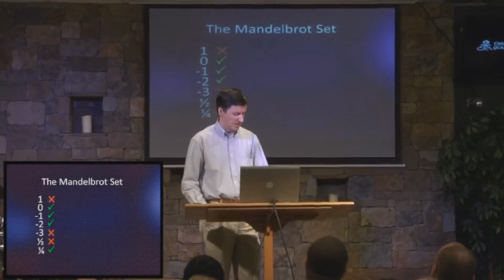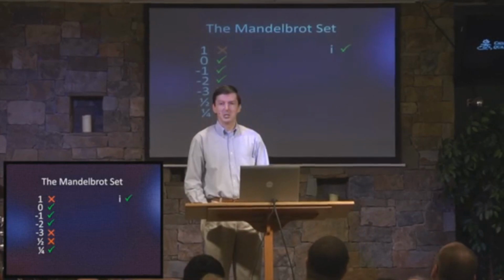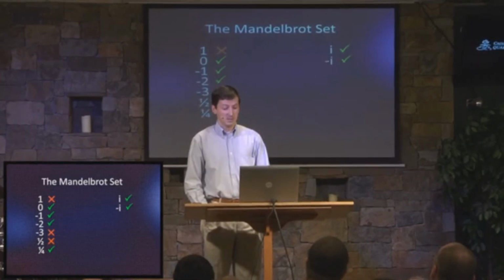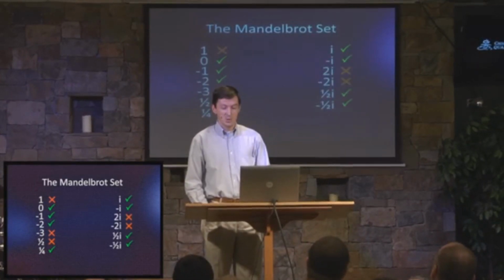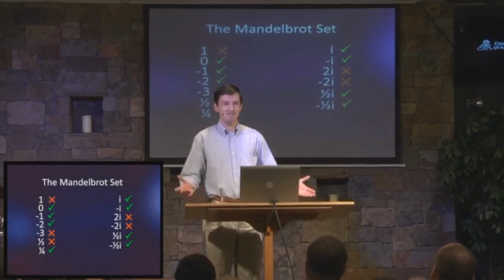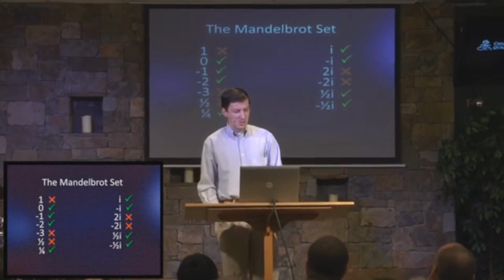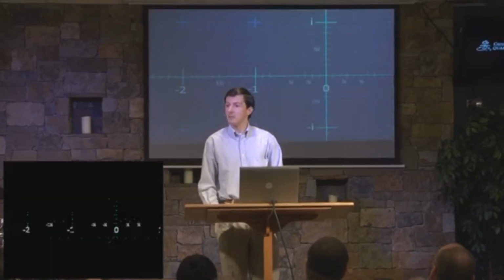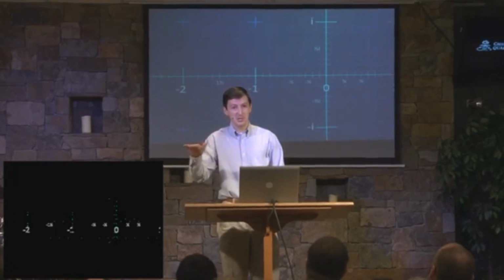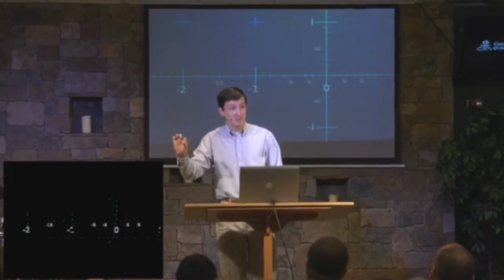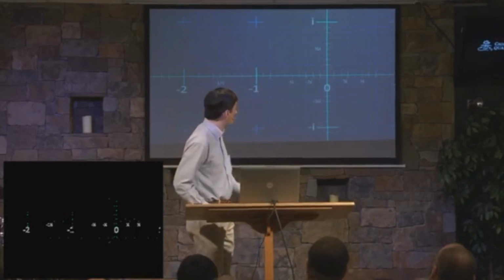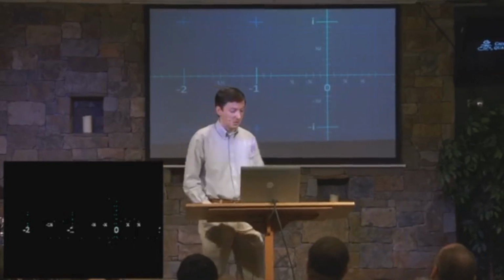There's no apparent pattern. And we could do the same thing with the imaginary numbers. We'd find i does belong, and so does -i, but 2i doesn't, and -2i doesn't, but a half i does, and negative. There's no pattern that I can see. And so perhaps what we could do then is plot it on a graph, right, with the x-axis representing the real component and the y-axis representing the imaginary component.